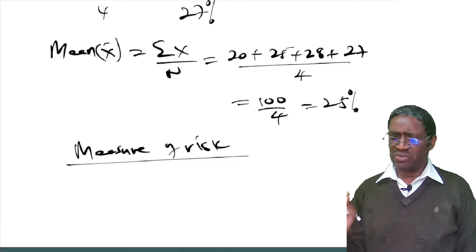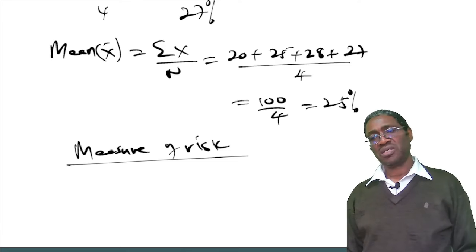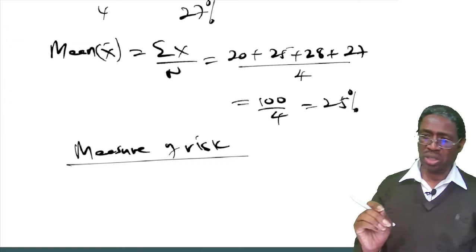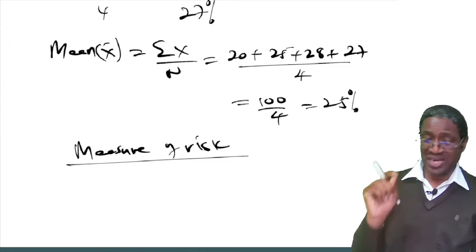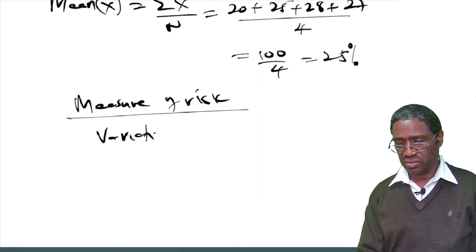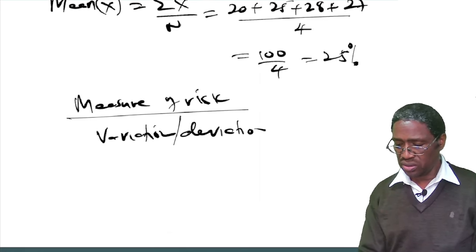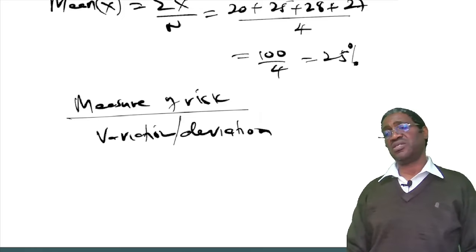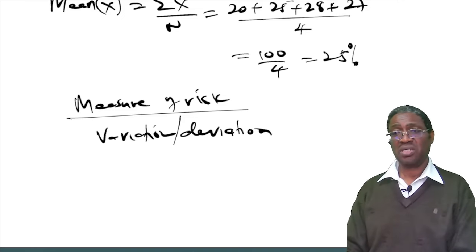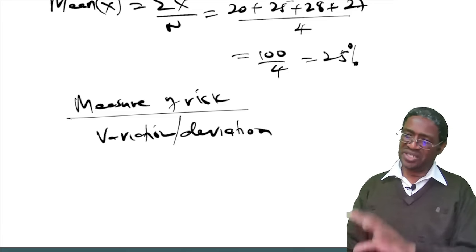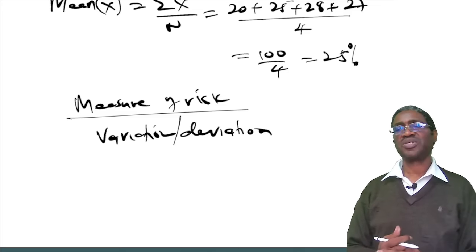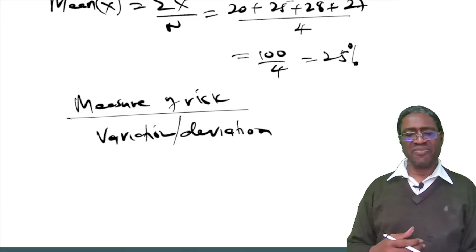What makes an investment to be risky? What makes an investment to be risky is the variation or deviation of the returns.